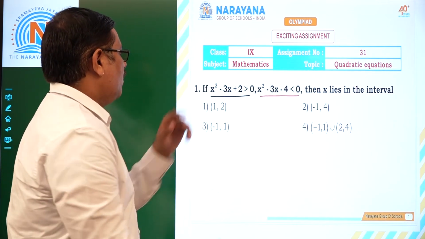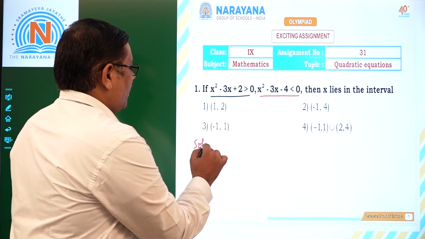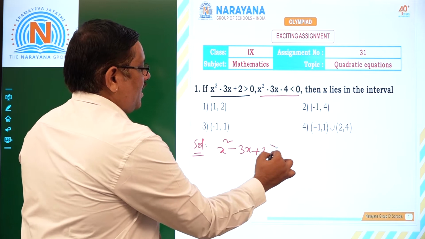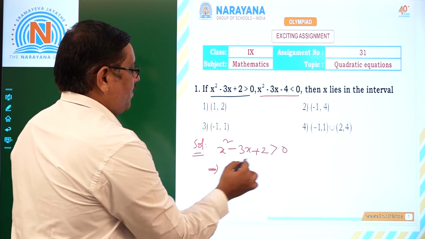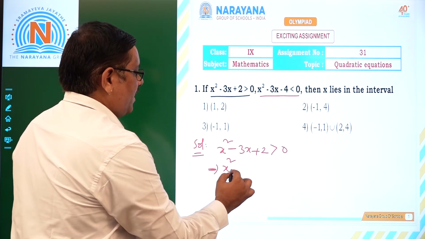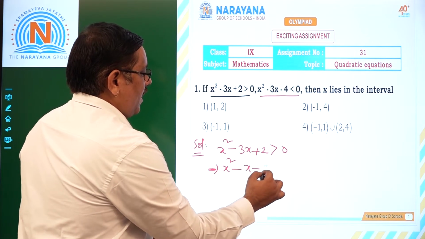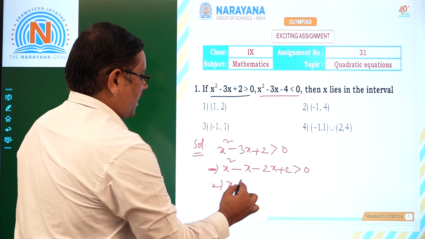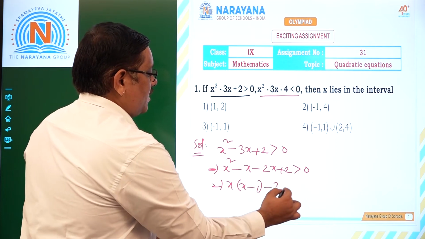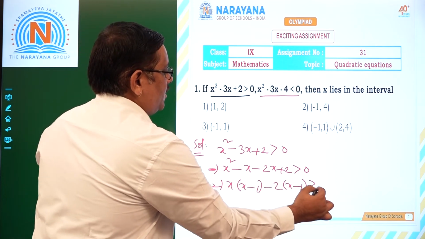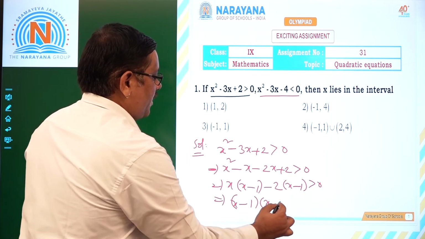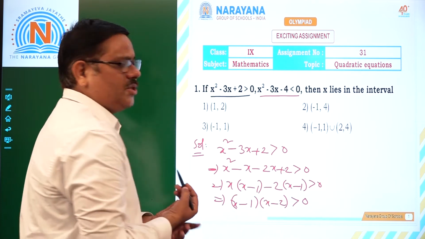Now we have to solve both the inequalities. First inequality to take, x square minus 3x plus 2 is greater than 0. That implies if you factorize, we have x square minus 1x minus 2x plus 2 greater than 0. That implies x times of x minus 1 minus 2 times of x minus 1 greater than 0. That implies we have x minus 1 times of x minus 2 greater than 0.